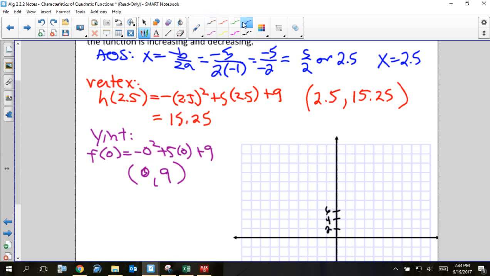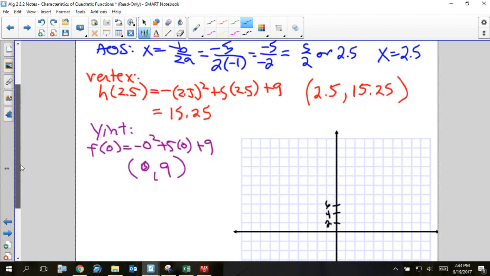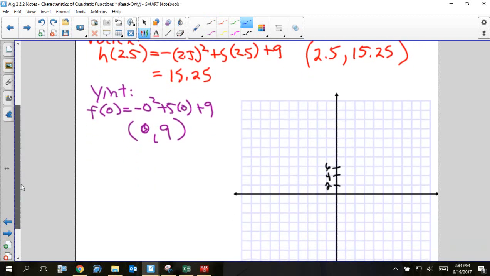So I'm going to graph my axis of symmetry at 2.5. So 1, 2.5. My vertex is at 2.5 and then 15.25. So 2, 4, 6, 8, 10, 11, 12, 13, 14. 15.25, I just have to approximate it.